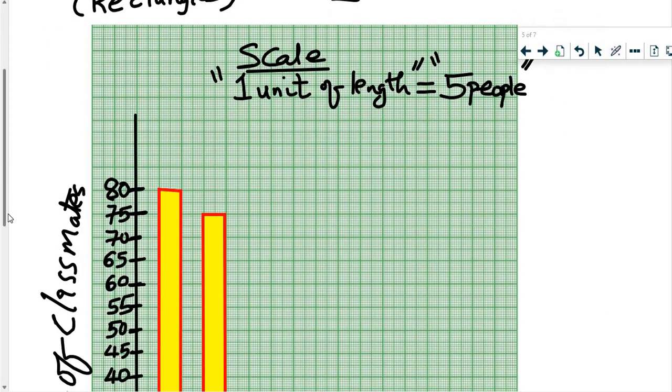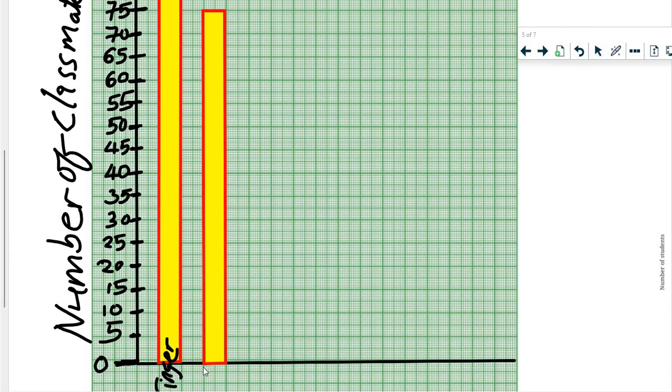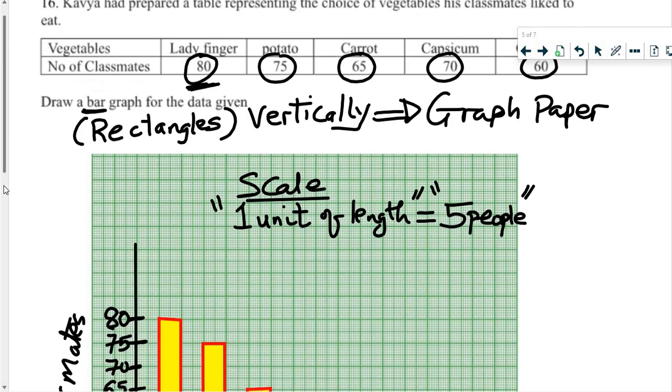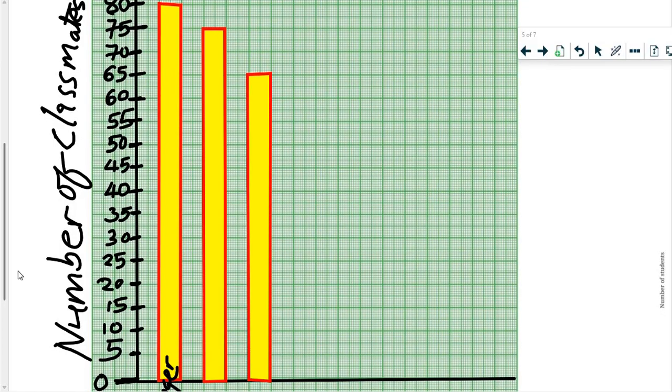Carrot 65. Leave a gap of one box, 65, until here. And then go this way. Go down and close. You get a rectangle. Next one, capsicum 70.